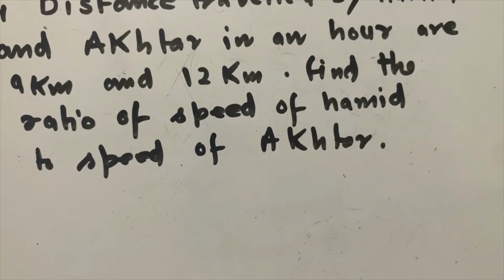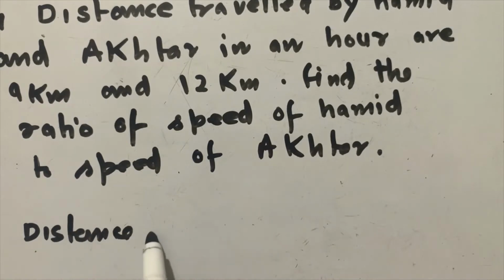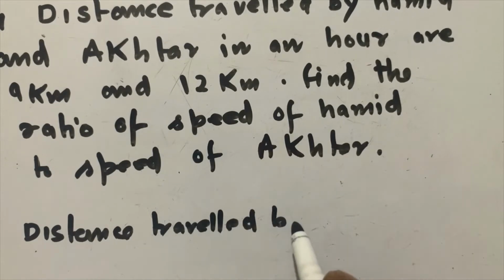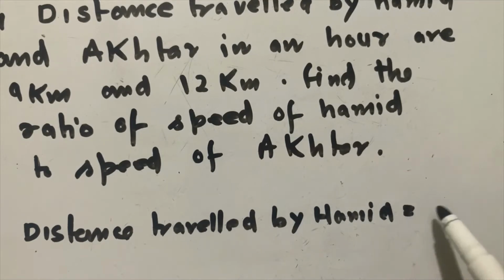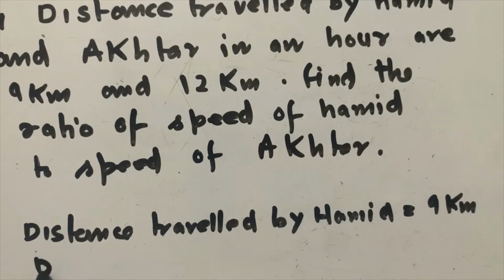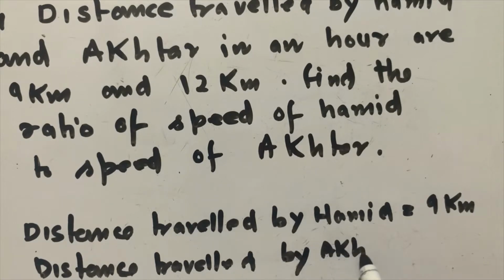Solution. Distance traveled by Hamid is given 9 km, and distance traveled by Akhtar is equal to 12 km.